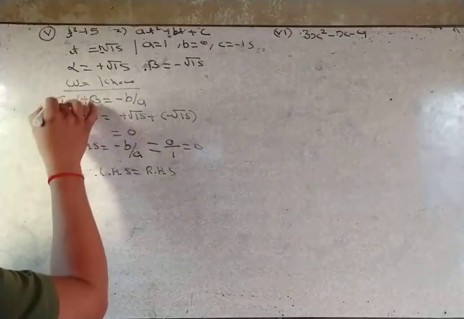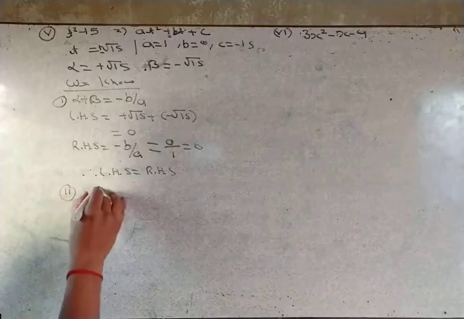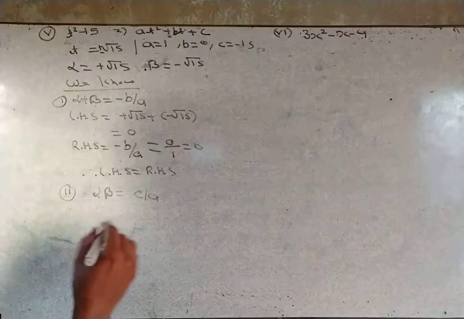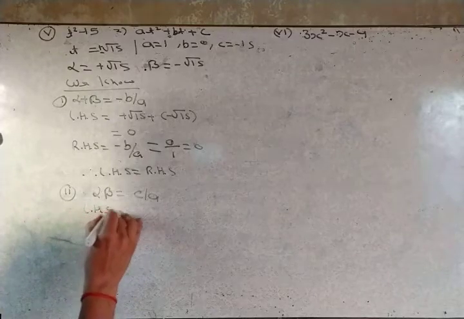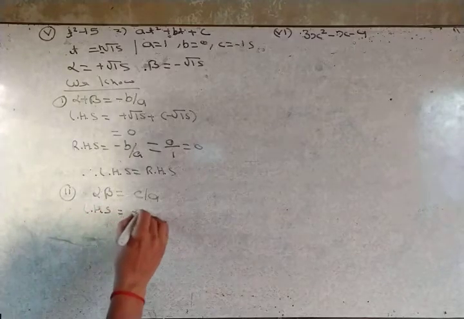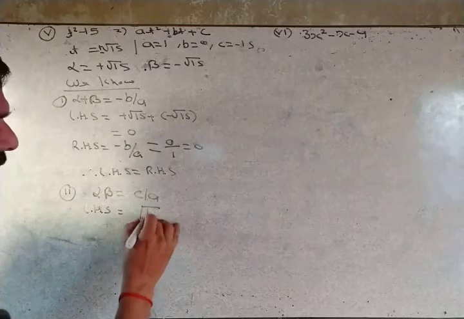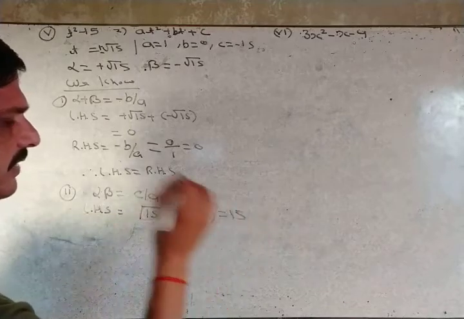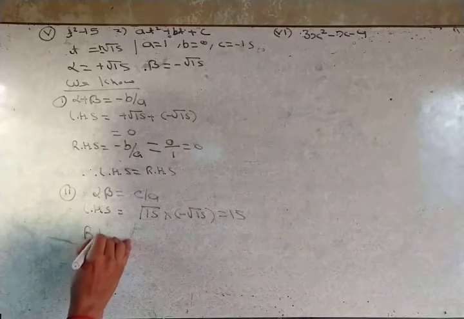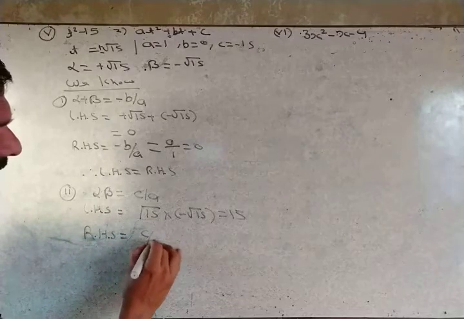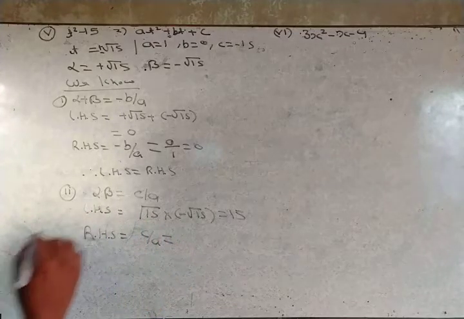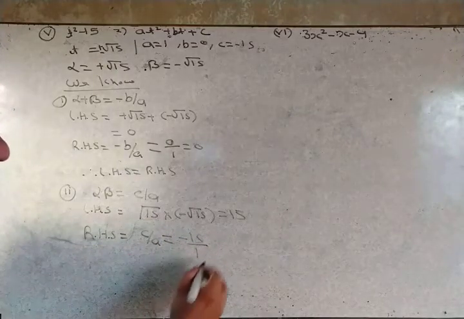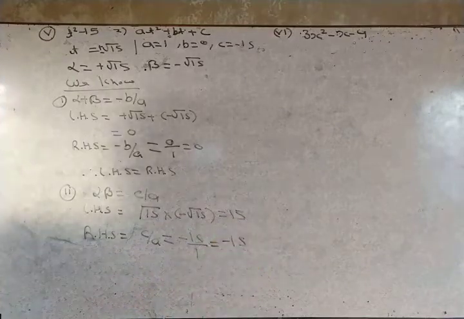Also, this is first, and second, what? Alpha into beta is equal to c by a. LHS alpha is root 15 into minus root 15, that is 15, while C by A, C is minus 15, and A is 1, and it is minus 15, but these are not same.